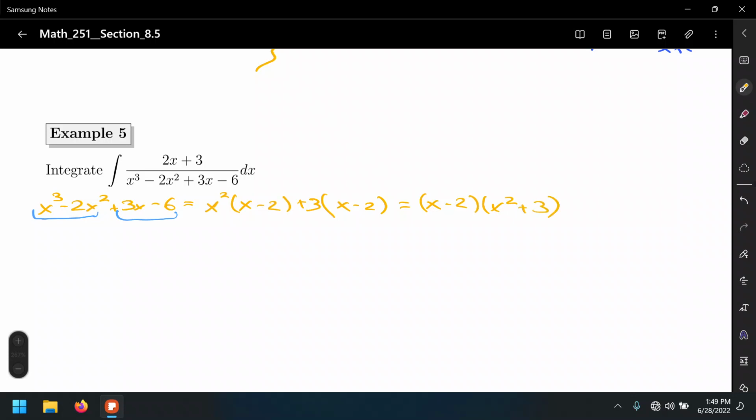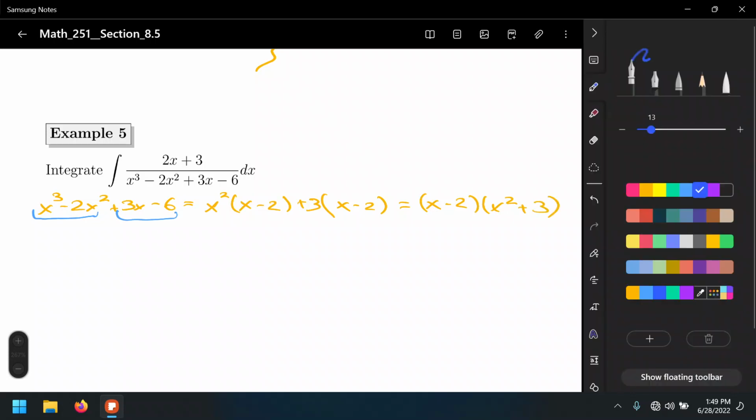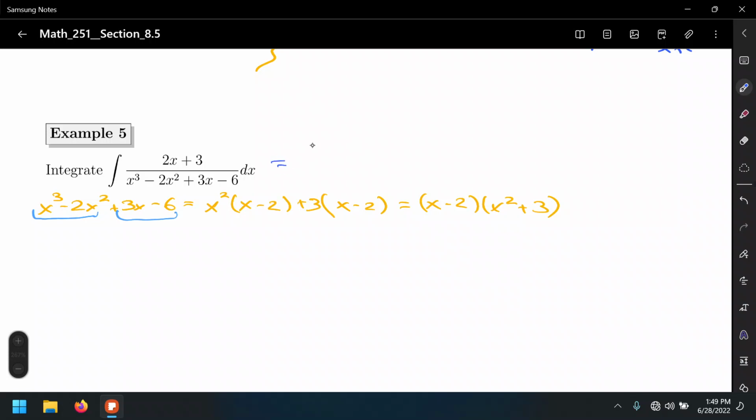Alright, let's go back to the original integral. That's the integral of 2x plus 3 over x minus 2 times x squared plus 3, rather, not cubed. Alright, so what do we have over here? How should we set up this problem? What about that x minus 2?